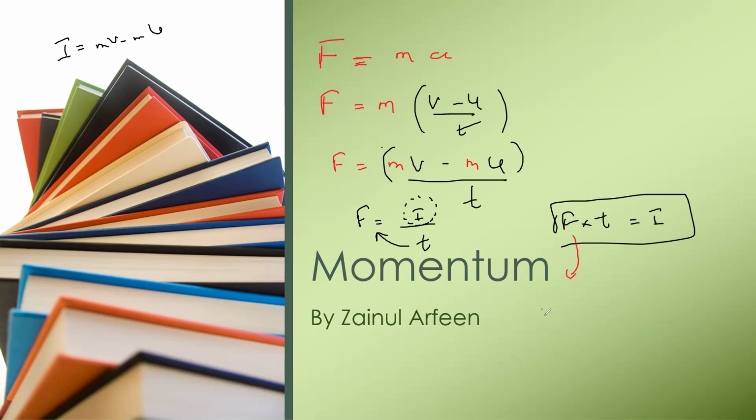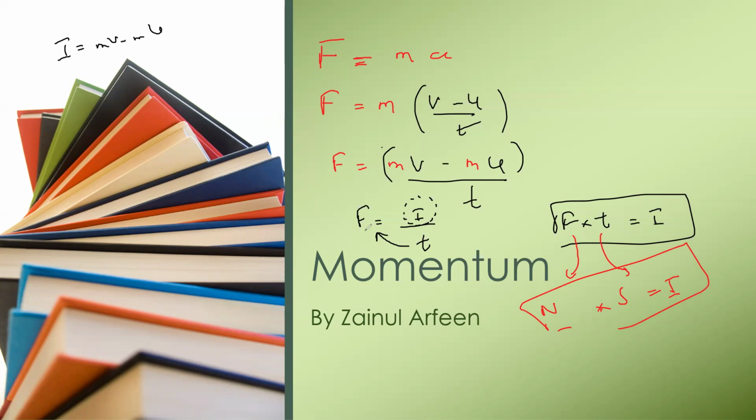The unit of force is Newton and the unit of time is second, so we say the unit of impulse is Newton second. Is it clear, the concept of impulse? Any doubt in this?